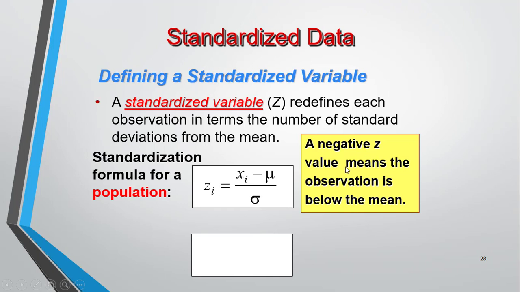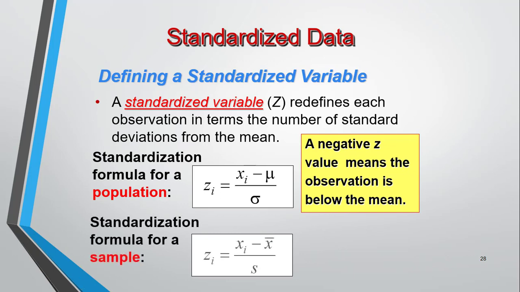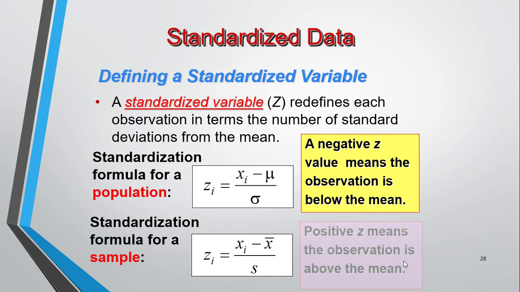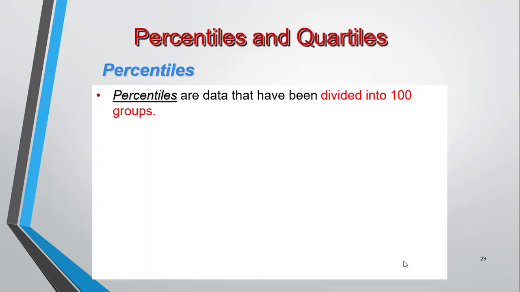A negative z value means the observation is below the mean, right? And for a sample, we use xi minus x bar divided by s, the standard deviation, to find a sample standardized z-score. Okay? And positive z means the observation is above the mean, of course. Right?